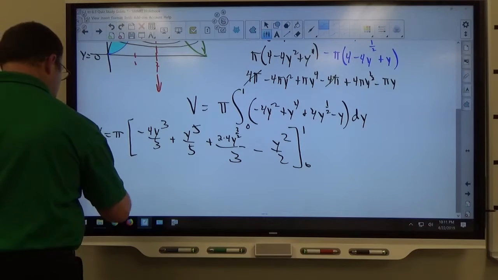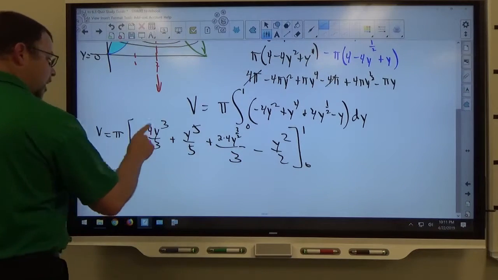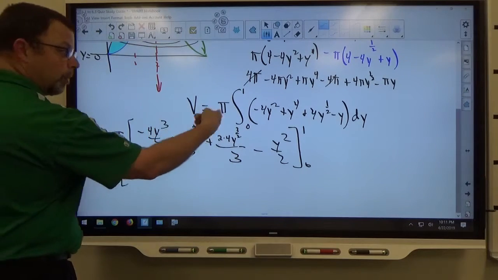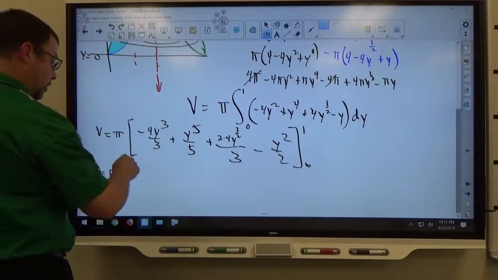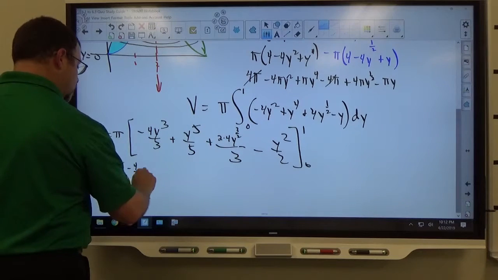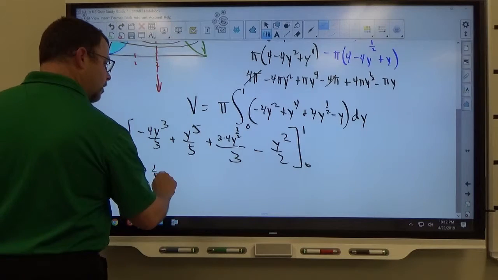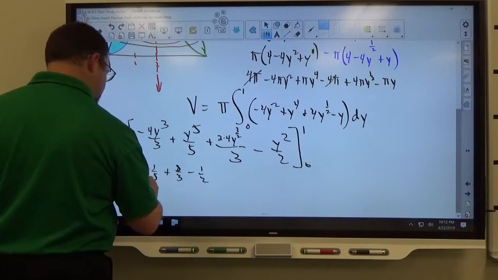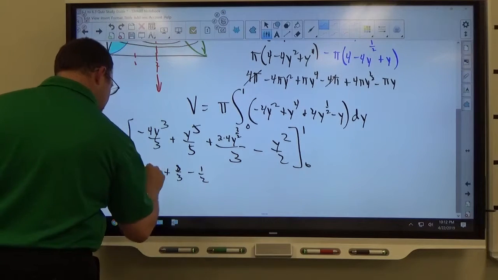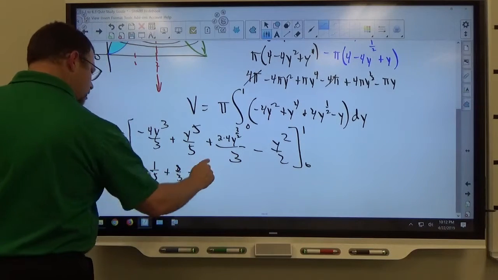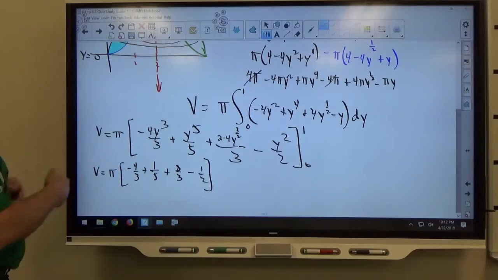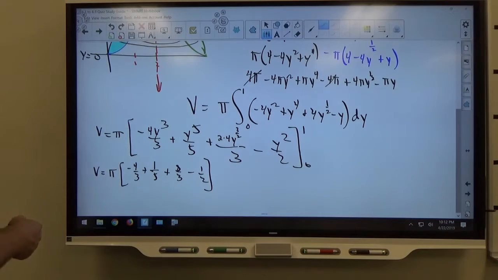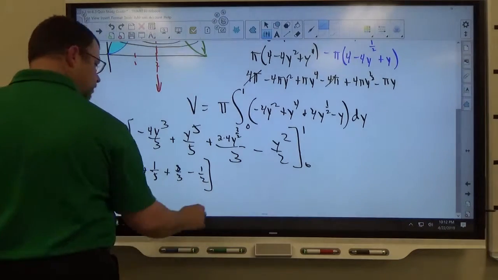So at this point, if I just put 1 in, I got pi. 1 cubed, 1 to the fifth, 1 to the 3 halves, 1 squared, all equals 1. So I'm just going to get negative 4/3 plus 1/5 plus 8/3 minus 1/2. Again, put in a bunch of zeros, you're going to get zeros. Common denominator there looks like to be 30.